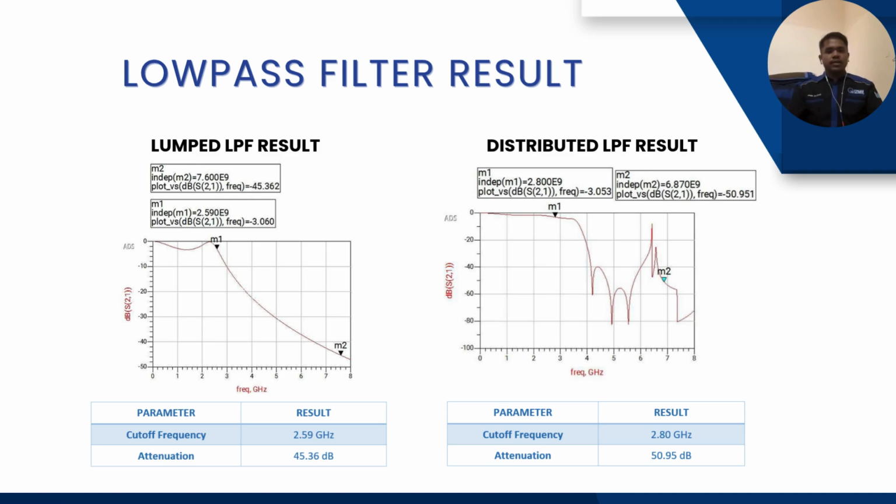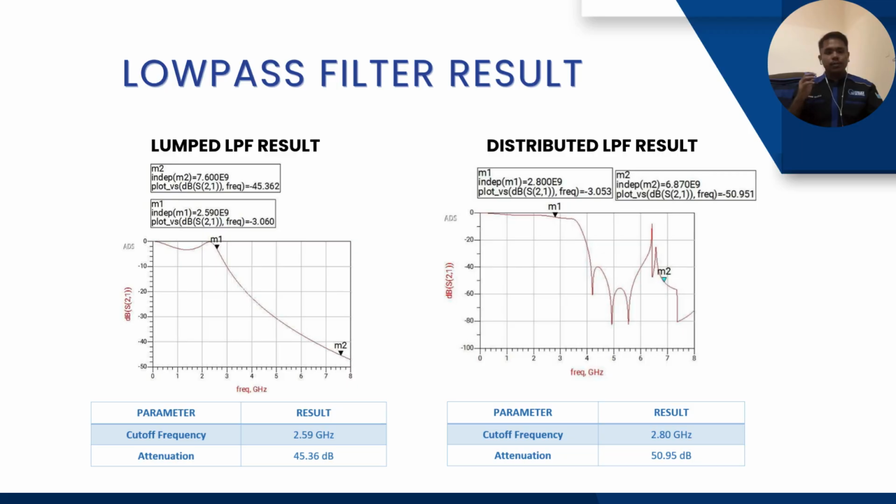This slide compares the performance of the lumped and the distributed low-pass filters. For the lumped LPF, the cut-off frequency was approximately 2.59 GHz and the attenuation was 55.36 dB. Although the filter worked correctly, it did not achieve the required attenuation of 50 dB.